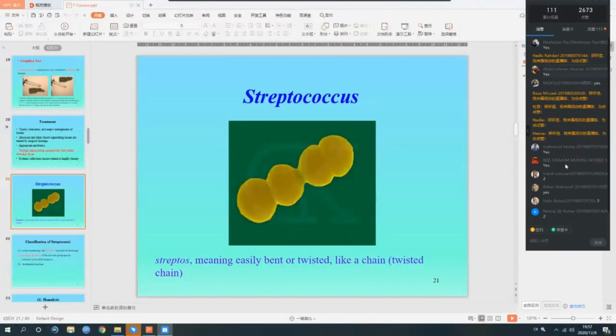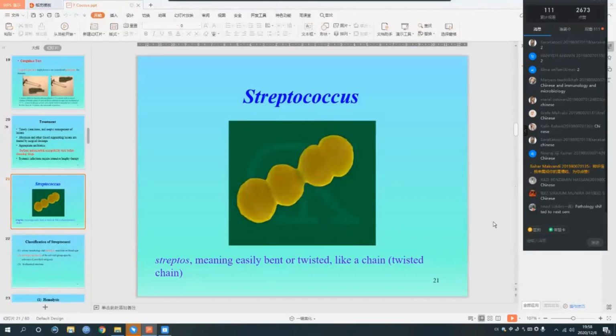So that's a very special organization, special grouping, the word we learned in the first lectures. And they are also important pathogens in human society.